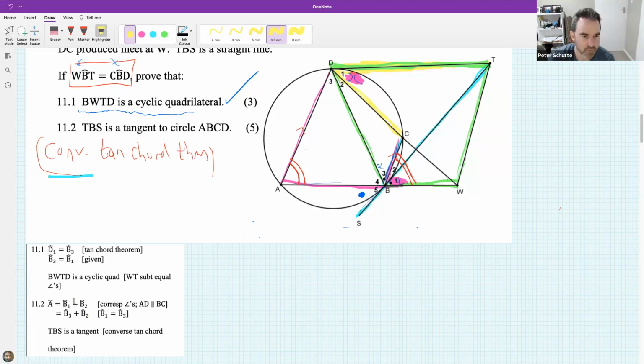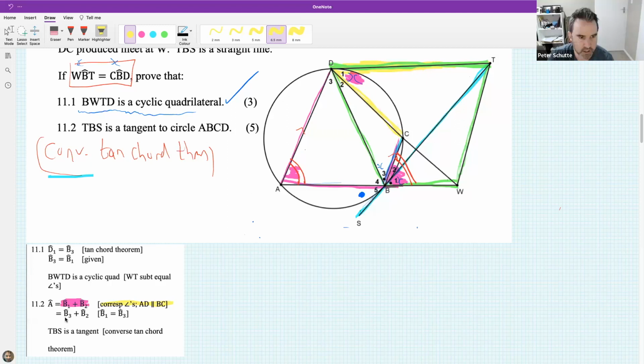So if we look here, what they say in the answer here is B1 plus B2. Okay, B1 plus B2 is what I was trying to show you here. And B1 plus B2 is equal to A because of corresponding angles. Okay, so that is equal to that.